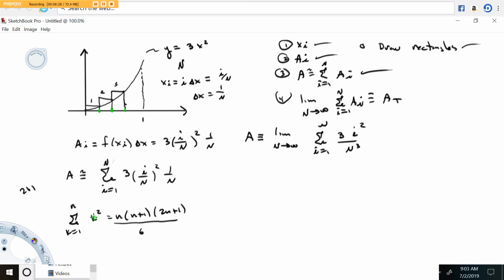This one's appropriate because what we're looking at right here is the sum from i equals 1 to n of i squared. Just ignore that right now. It's about this guy right here. So let me do this in green. Sum from i equals 1 to n of i squared. Sum from k equals 1 to n of k squared.